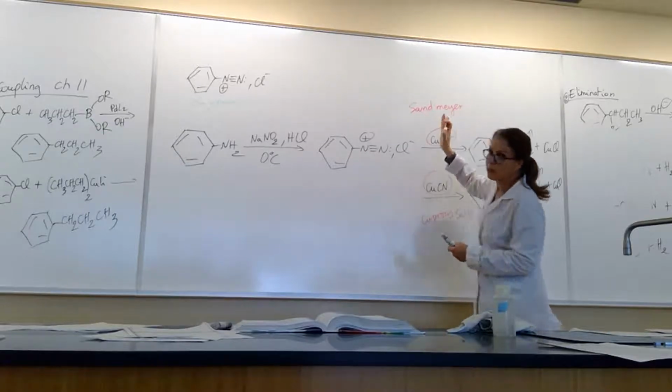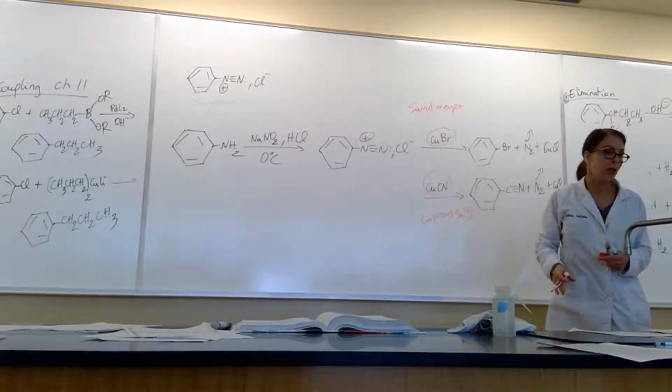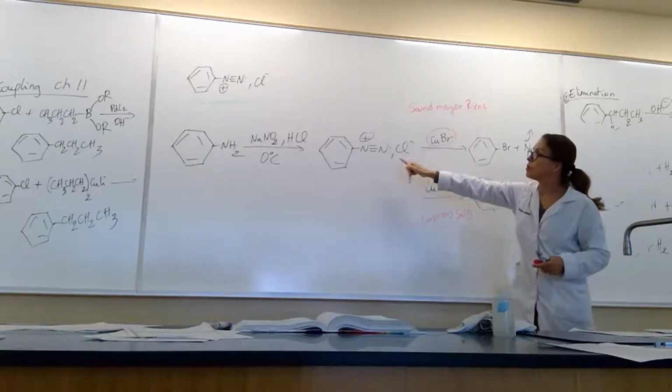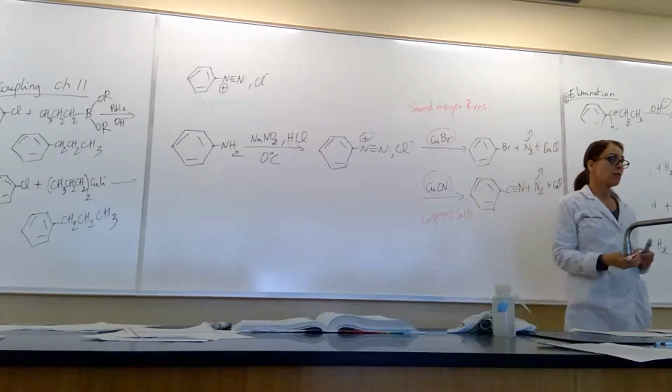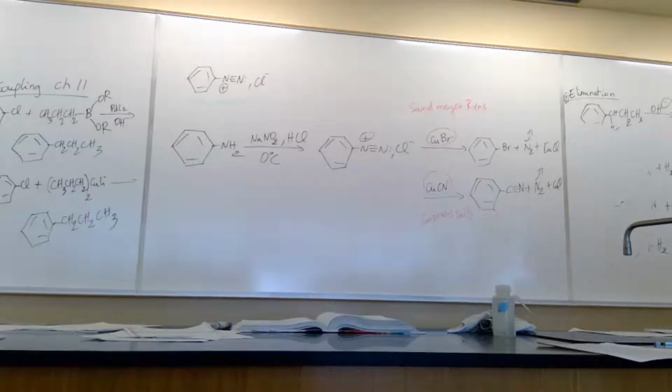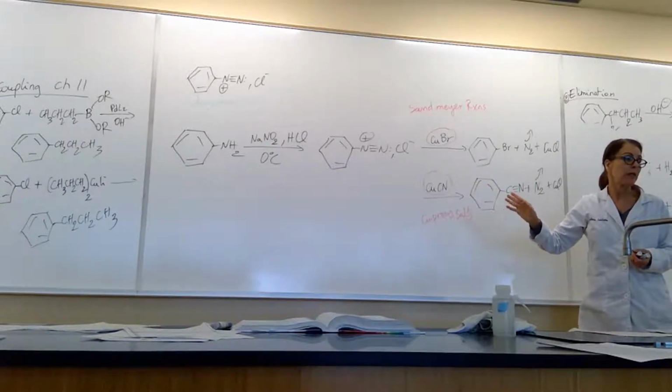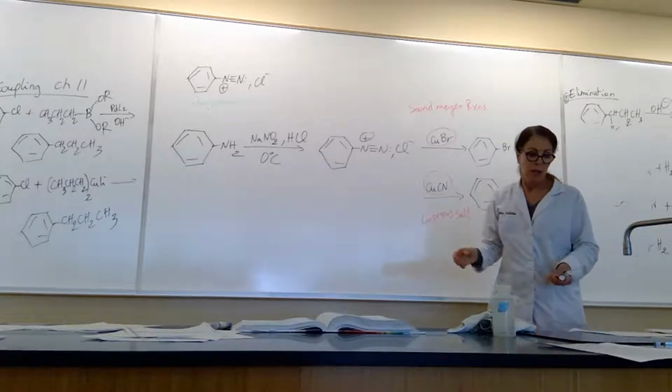So I don't want to write all of them, but anywhere you see a cuprous salt, starting from the diazonium salt, that's called Sandmeyer reaction. So that's the key thing. I'm putting everything in red for you to focus on the part that's important. Okay?